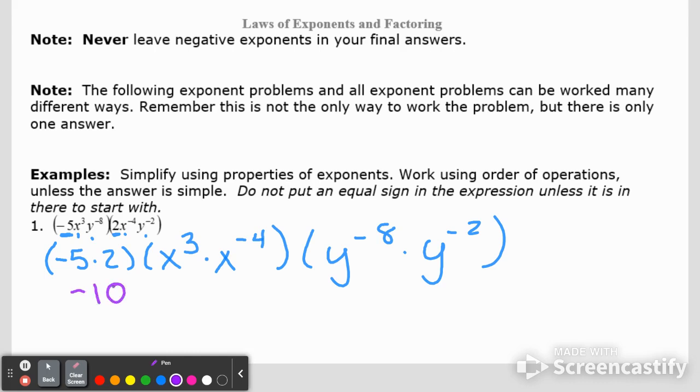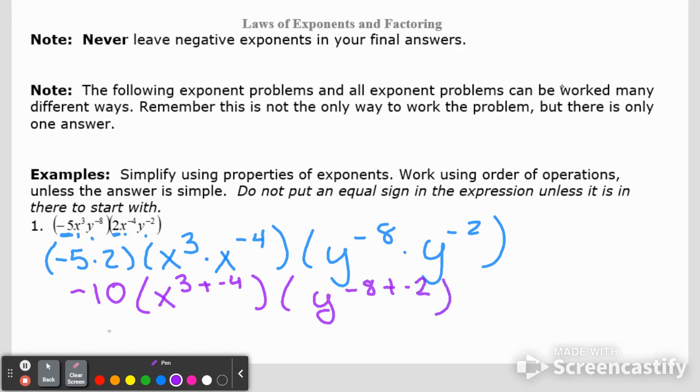And then right here, I'm going to use my product rule, which tells me that I can just make this x to the third, and that is going to be plus -4. I'm going to come back to that. And then y, keep my base, I can use the product rule again. So -8 plus -2, and then let's just go through and simplify.